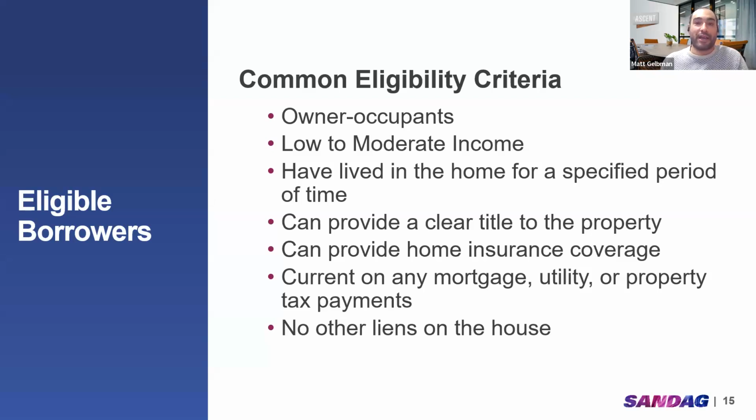And this really presents a problem for home rehabilitation programs. And we'd recommend providing resources to people in that situation with legal assistance related to real estate transactions and title and property assistance.